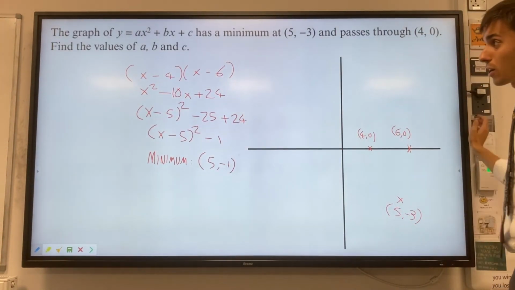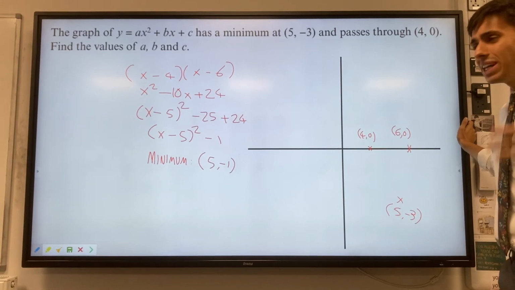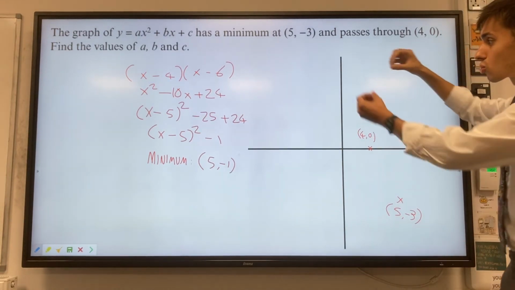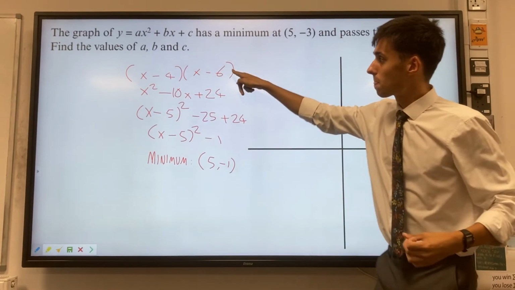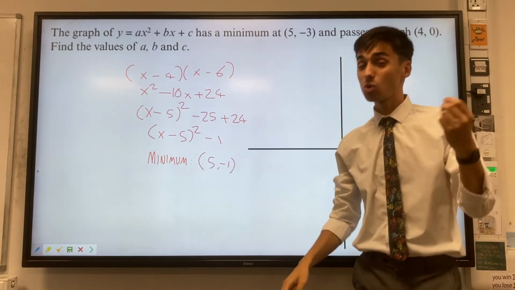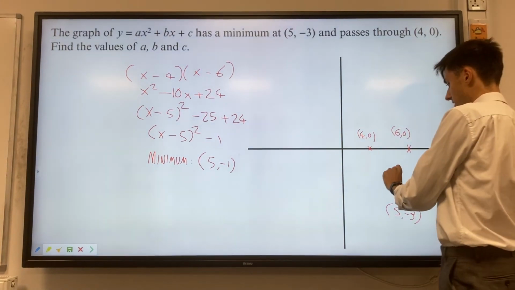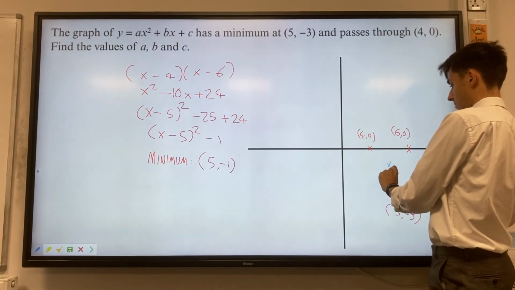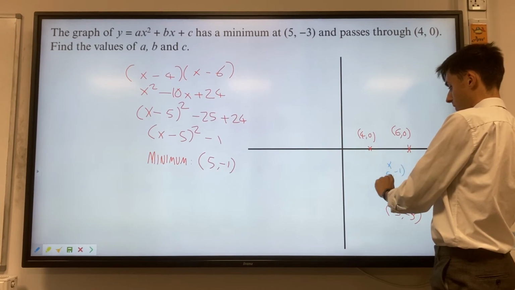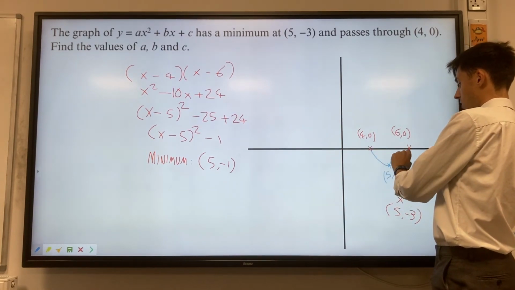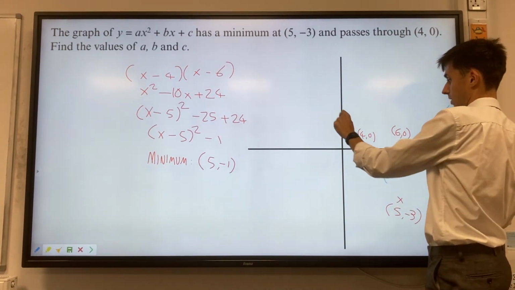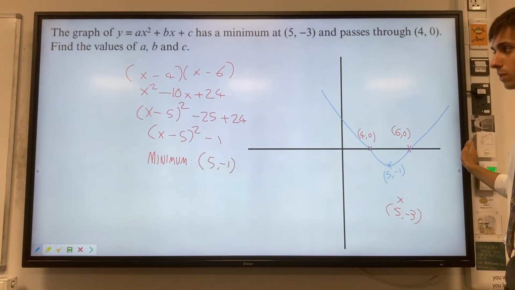It almost works. What we need to think about is stretching this graph out. So (x - 4)(x - 6) almost works, but needs to be stretched out because the minimum point of this thing will just be at (5, -1). So if we wanted to sketch it, it's going to look something like this as a quadratic.